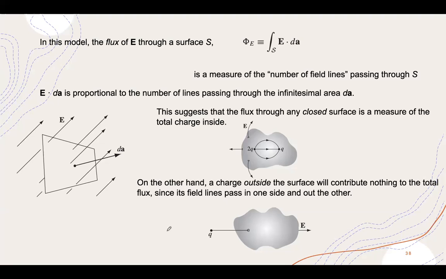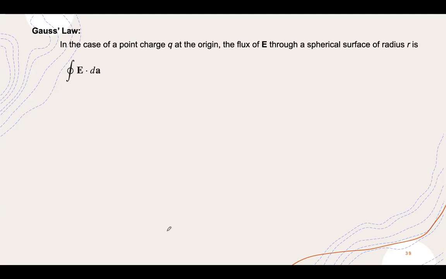Okay, very good. So Gauss law basically states this. In the case of a point charge Q at the origin, the flux of E through a spherical surface of radius r is going to give you the following. You see here, we took the integral over a round circle, which means it should be a closed surface.